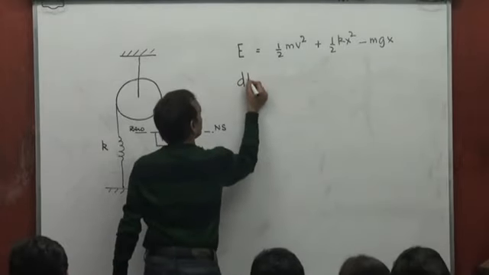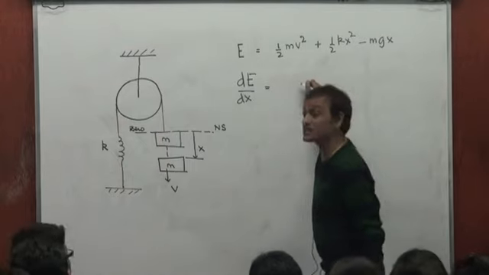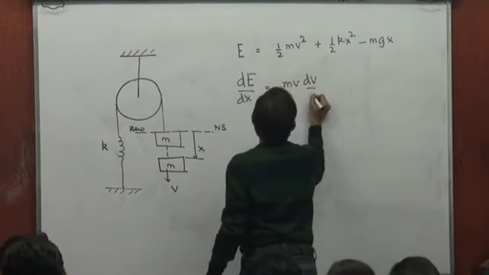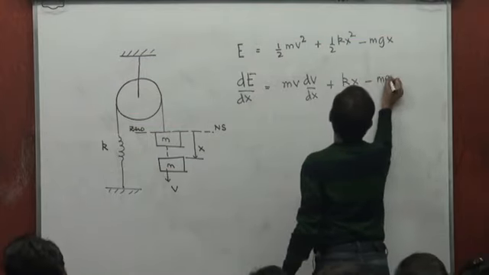So again, d/dx of E will still be 0. So we have mv dv/dx plus kx minus mg, which must be 0.